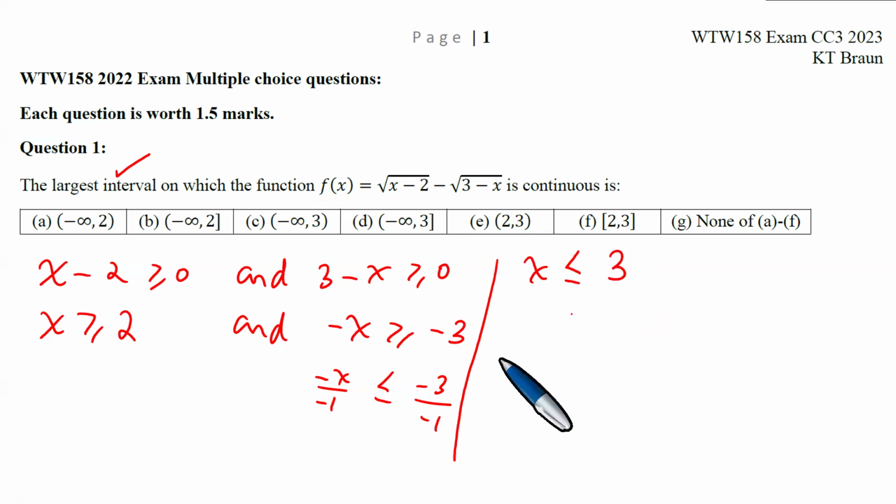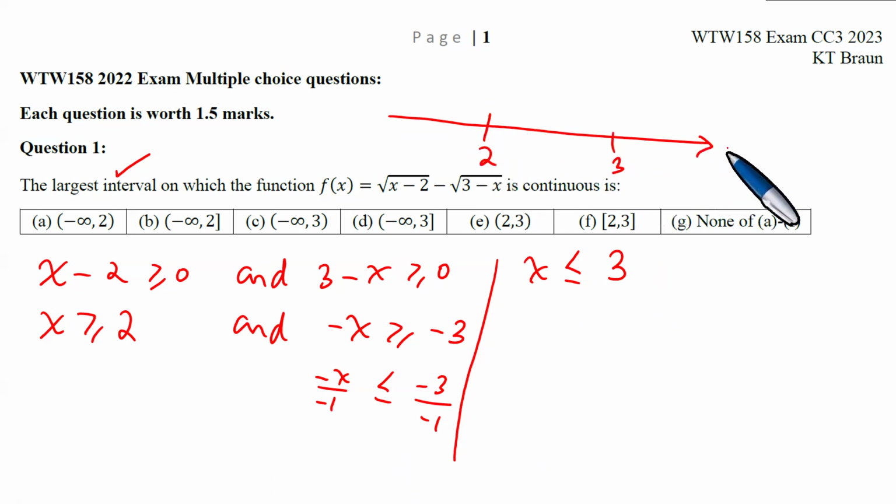Now, we have a number line here, and we have 2 and 3 on the number line of the values of x. X is greater or equal to 2, and we're going to move in this direction. But x is less or equal to 3.